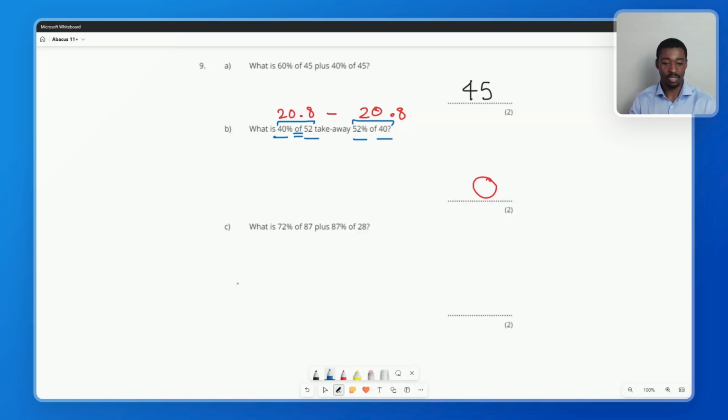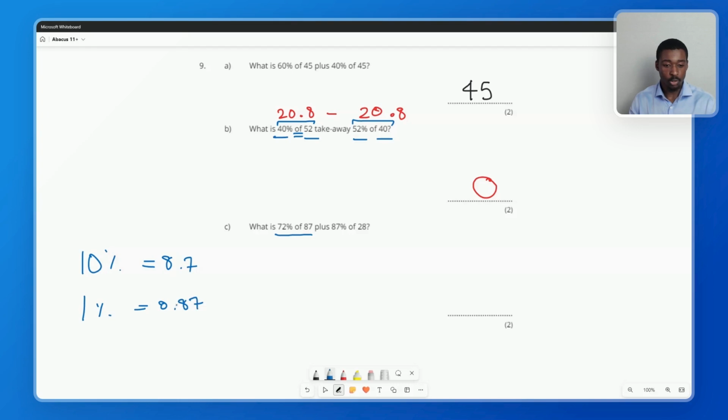So for C, we have 72% of 87 plus 87% of 28. So for this first one, let's again use standard percentages. This time I'm going to start with 10%, which is 8.7, and then 1%, which is 0.87.